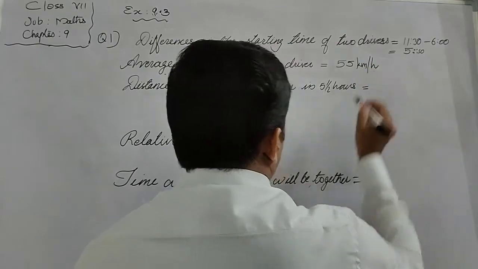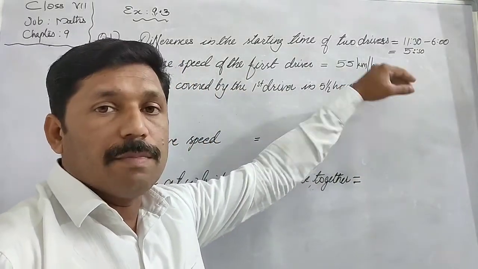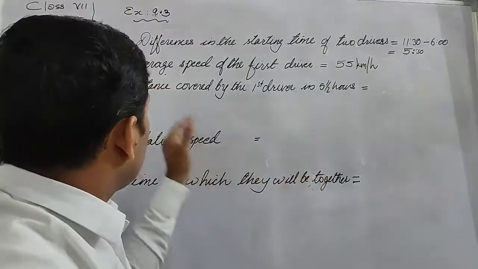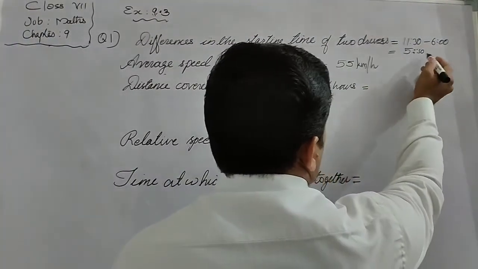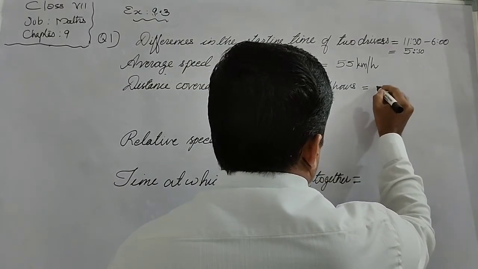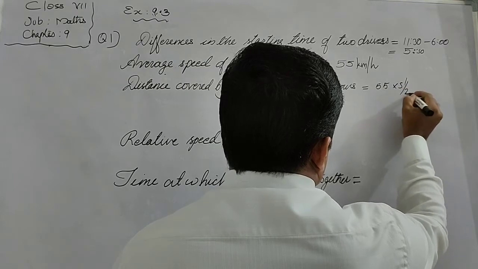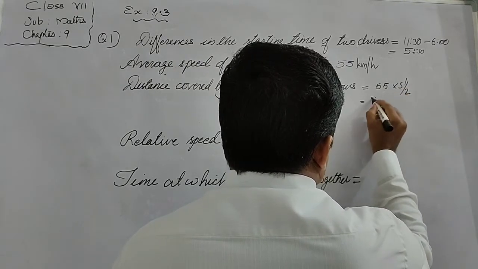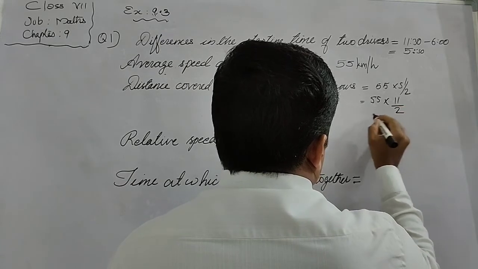With this average speed, in 5.5 hours, how much distance he covers, we want to find out. 5 hours 30 minutes means 5.5 hours. That means 55 into 5.5, that is equal to 55 into 11 upon 2.